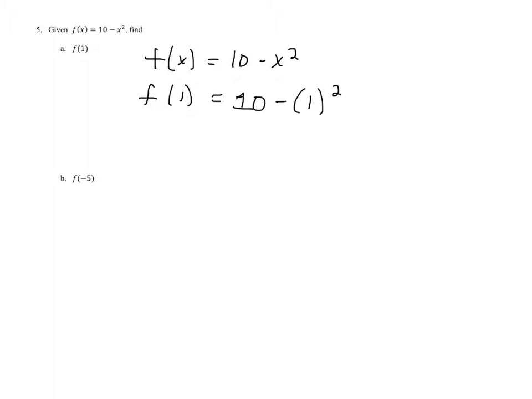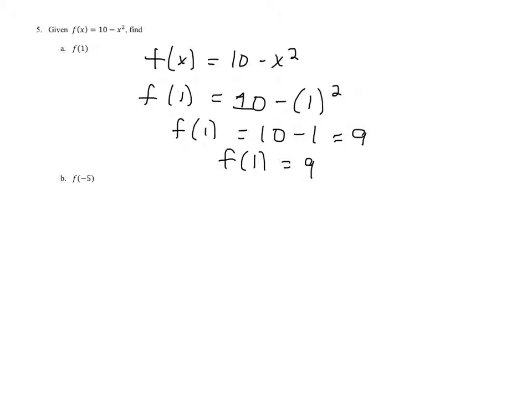Last but not least, let's do a little bit more challenging one. f of x is equal to 10 take away x squared. I'm going to pop in 1 for x. Notice how I put parentheses around the 1 as I plug it in. So f of 1 is equal to 10 take away 1, because 1 squared is 1, is 9. So f of 1 equals 9.